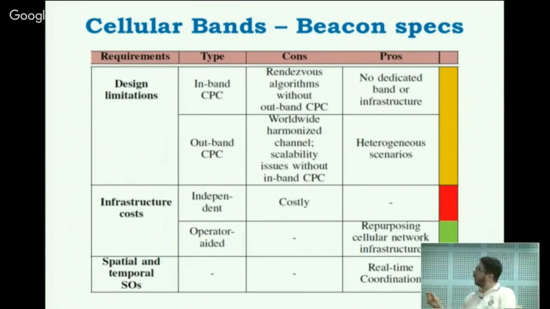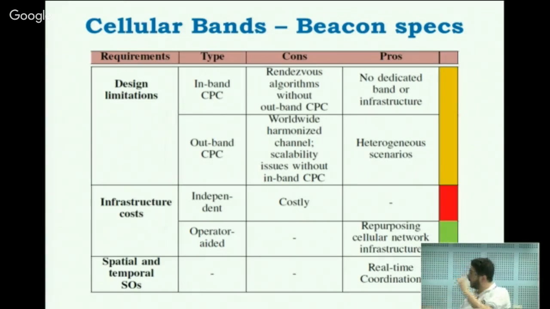And now we are discussing a specific technique, beaconing, so embedding some information into the transmission of the cellular system so that it helps the secondary system to be aware of things. You help the secondary system by encoding some information in your own transmission.